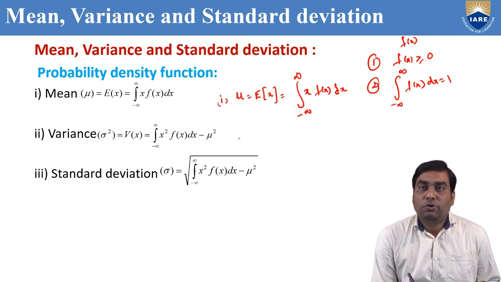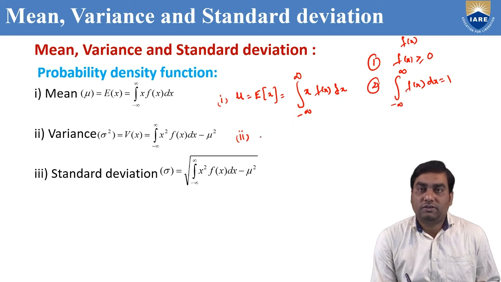If you have the mean, then we can find the variance of the probability density function. The symbol of variance is sigma square. In probability mass function, what is the variance formula? Sigma x square into f of x minus mu square. Here, instead of sigma, we take the integral from minus infinity to infinity.